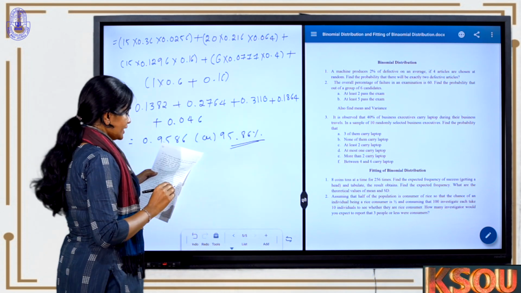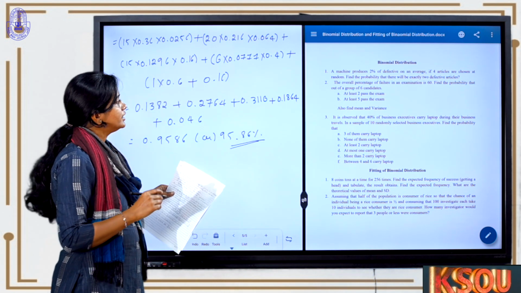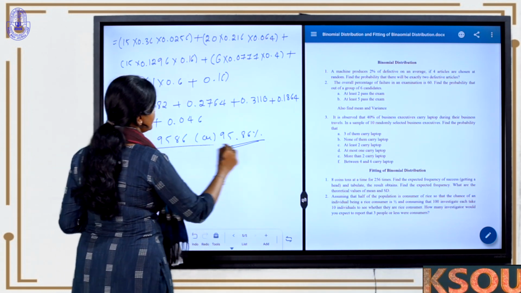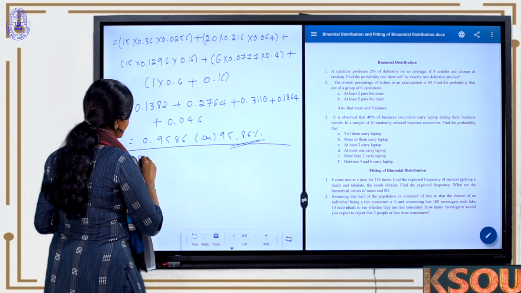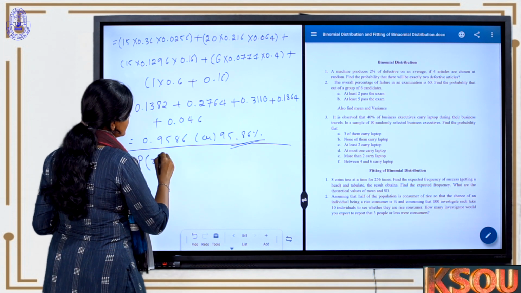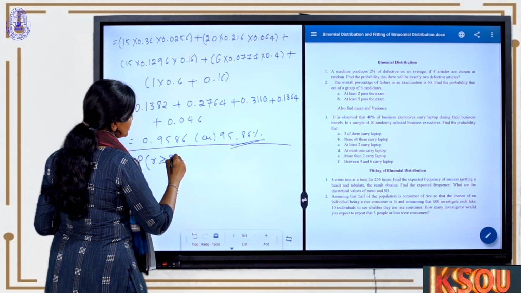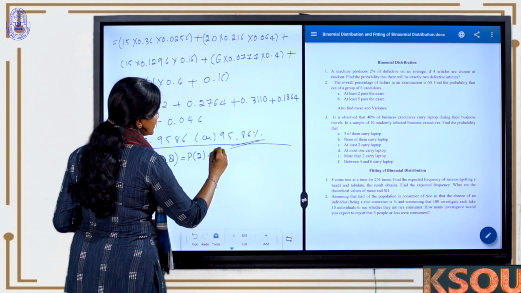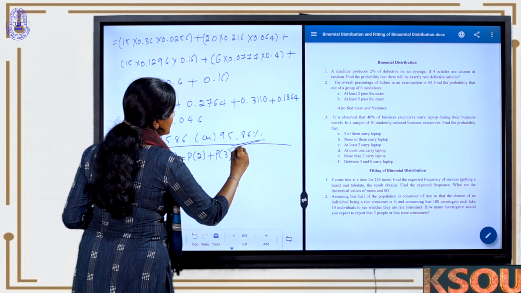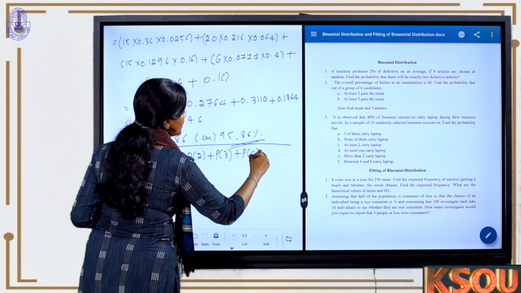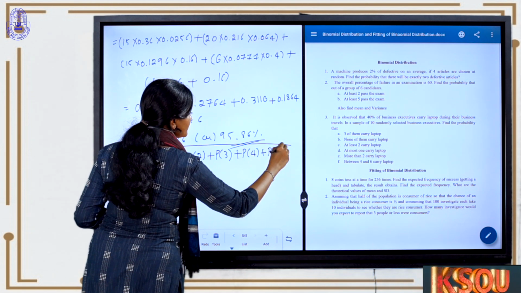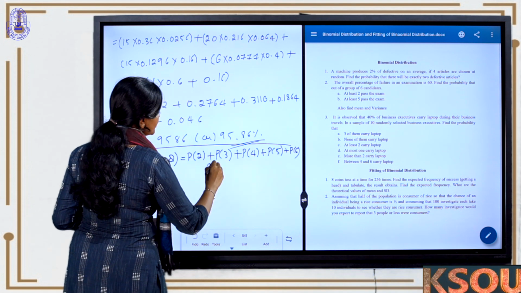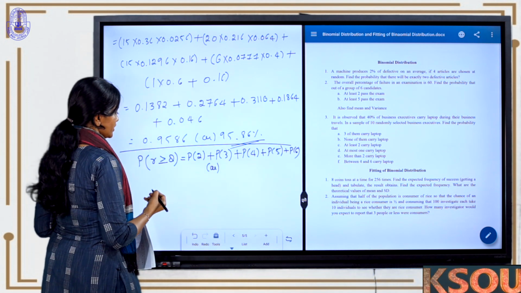So here I have taken for at least 2 pass the exam, means P of R greater than or equal to 2. For that I have taken P of 2 plus P of 3 plus P of 4 plus P of 5 plus P of 6. Or you can take a shortcut method for this.